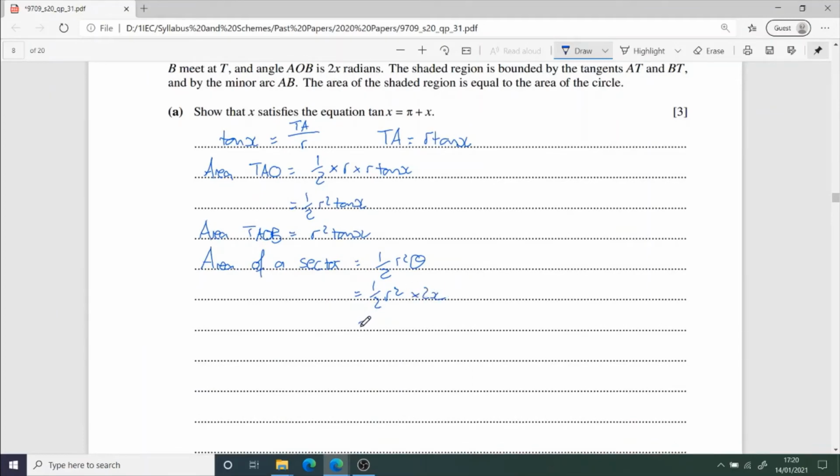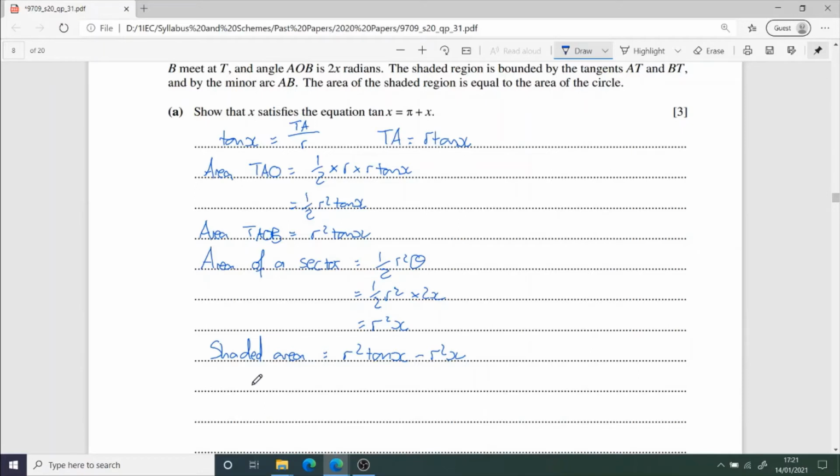We have a half times 2, so that's just 1. So the sector is just r squared x. So the shaded area is equal to r squared tan x subtract r squared x. We're told that that shaded area is equal to the area of the circle.